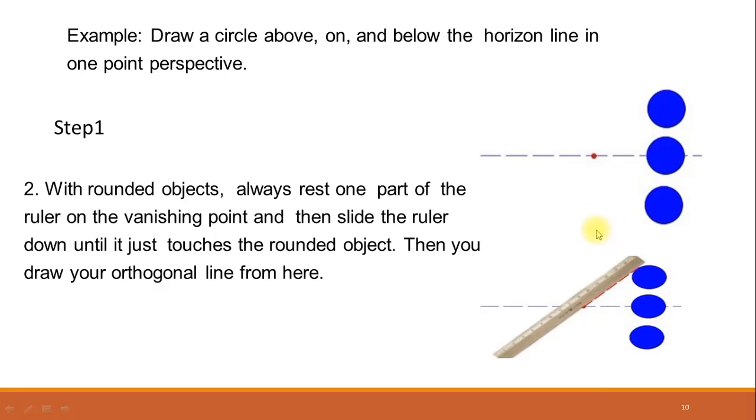So always rest one part of the ruler on the vanishing point, and then slide the ruler down until it touches the rounded object. So this ruler touches the rounded object here. Then you will draw orthogonal lines.